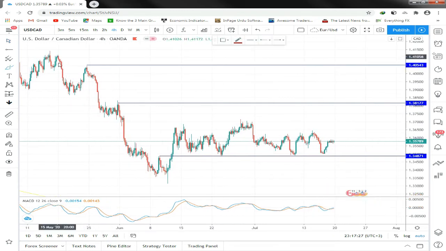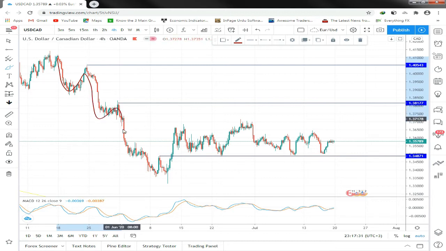You see that the price was moving in a strong downward move, but from this area price is struggling to create a lower low, and recently we see some strong buyers over these areas.